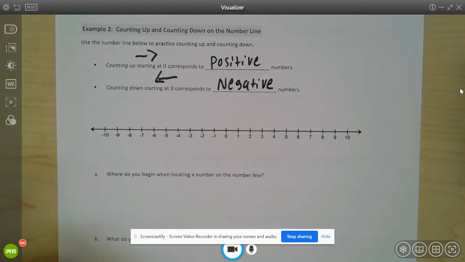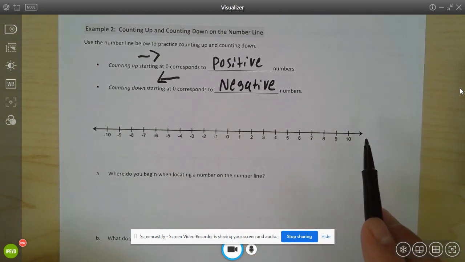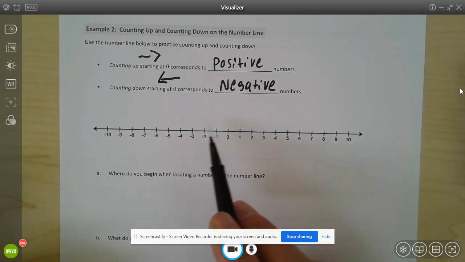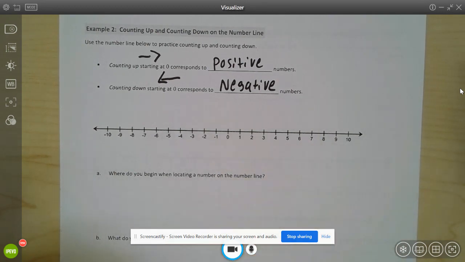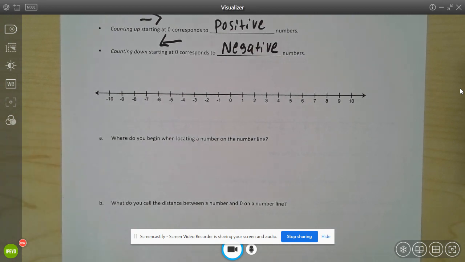So as you can see, counting up or to the right on a horizontal number line corresponds to positive. Counting down from 0 or to the left of 0 corresponds to negative numbers. Now let's answer these questions about our number line here.